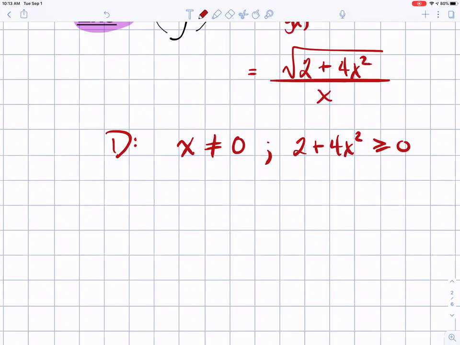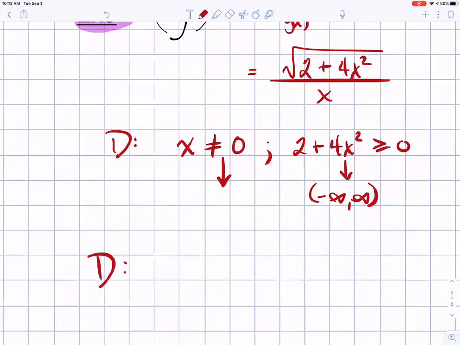Okay, where on this one, I know that x can be any number in the world, right? So if x can be any number in the world except for 0, okay, then how am I going to write that domain?